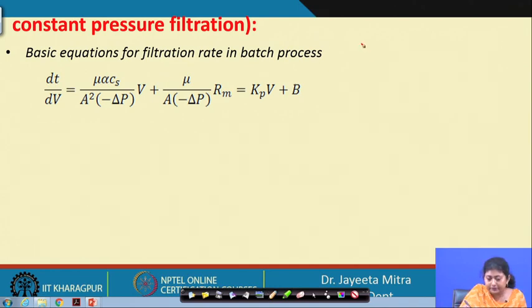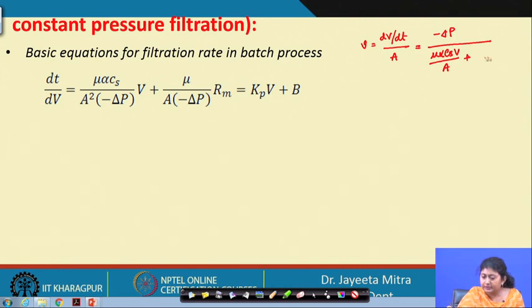That equation, if you remember, was V, that is equal to dV by dt divided by A, that is equal to minus delta P. Delta P includes both delta Pc, the pressure drop through the cake, plus delta Pf, the pressure drop through the medium, divided by mu into alpha Cs into V by A, plus mu into Rm. This was the equation.